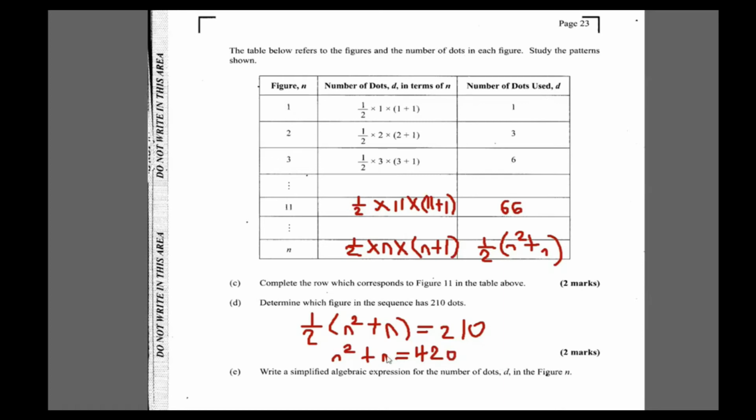Now to solve this equation, the easiest way is to go straight ahead and use the quadratic formula. Put it in its standard form, n squared plus n minus 420 equals 0. You can factorize it if you want, but I prefer using the quadratic formula in this case.